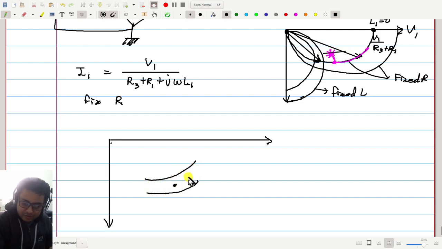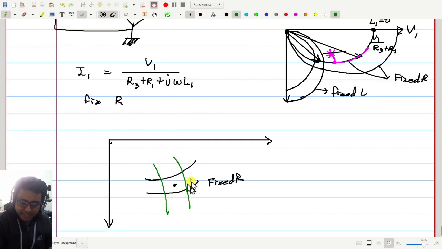These are fixed R lines, and these vertical ones are fixed L lines. Let me draw that in a different color.